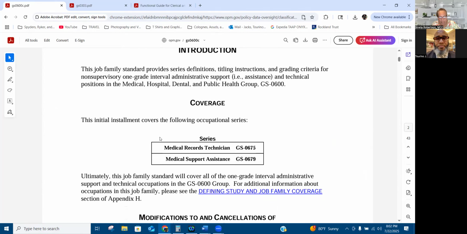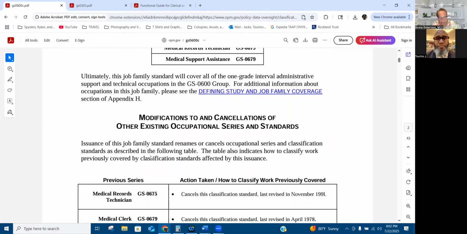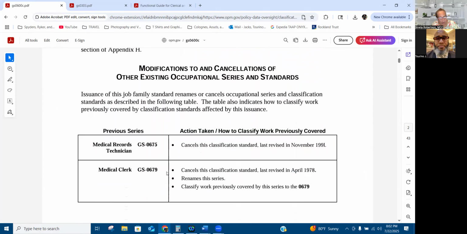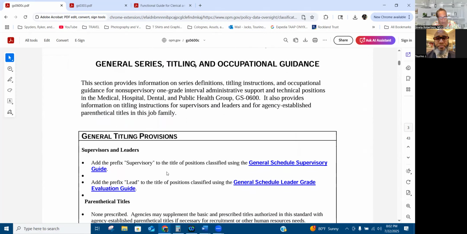Ultimately, the job family standard will cover one grade into the administrative support and technical occupations in 600. For additional information about occupations in this area, go to job family coverage. And that's just telling you what the old series standard titles were before they redid this one.